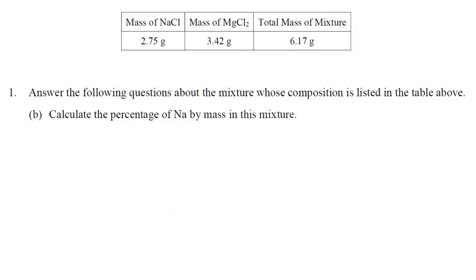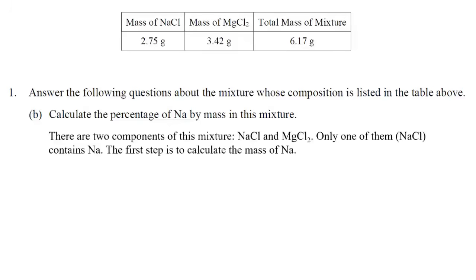Okay, let's take a look at part B. Calculate the percentage of sodium by mass in this mixture. So now we do need to consult the periodic table because sodium chloride is a pure substance that contains sodium. There are 2 components of this mixture, sodium chloride and magnesium chloride. Obviously, only sodium chloride contains sodium.